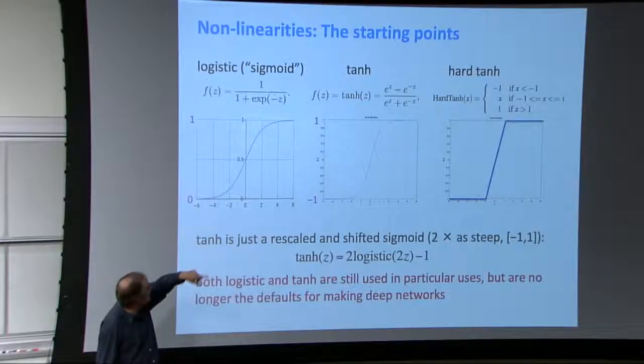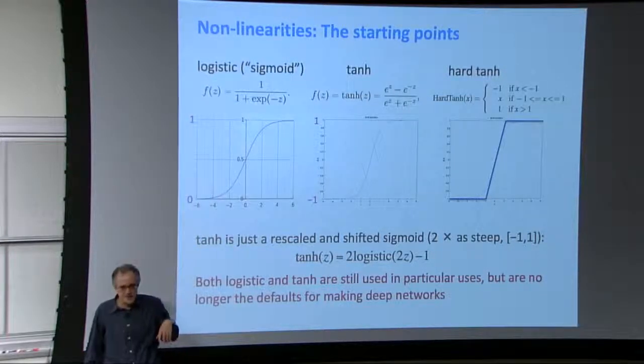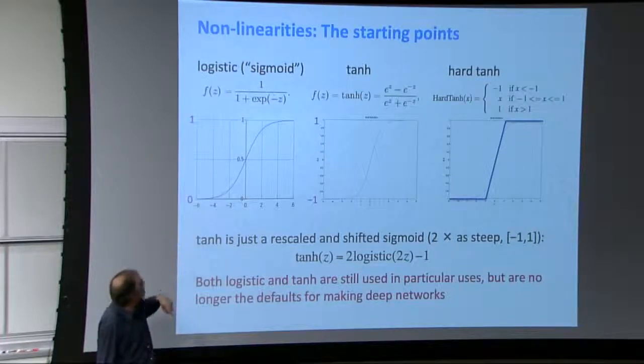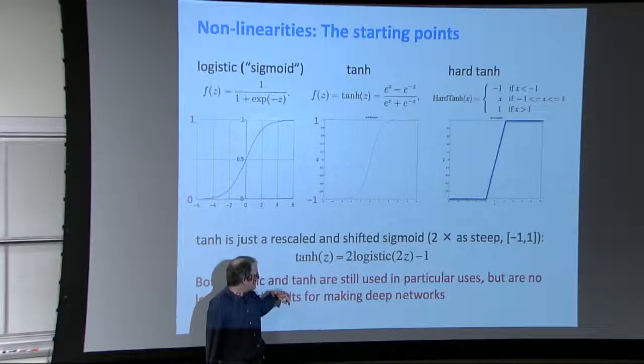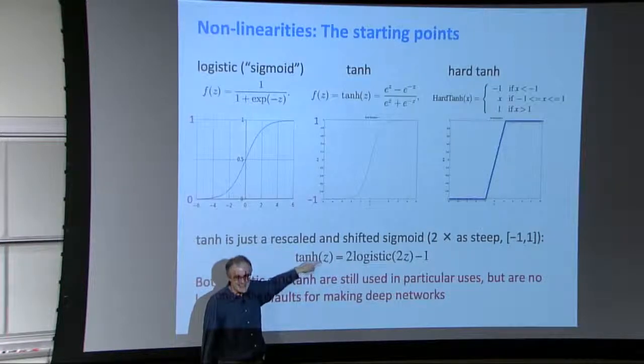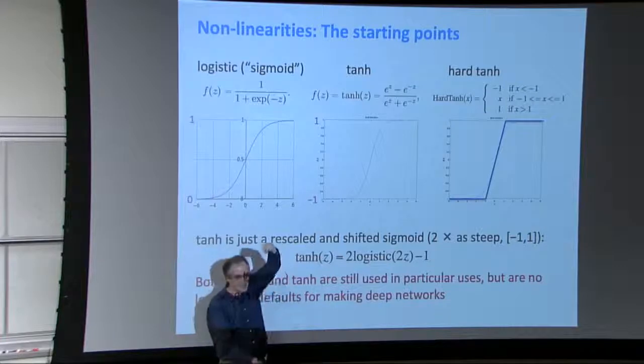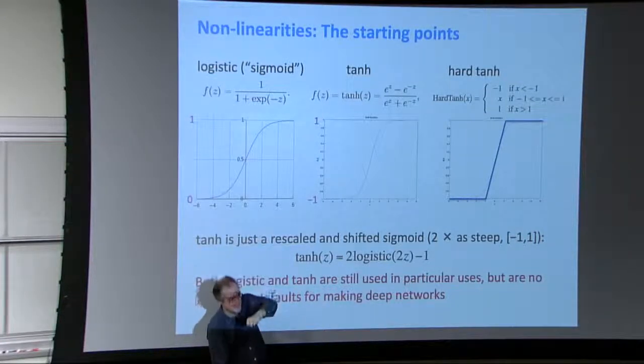Here is the tanh curve. So the formula for tanh looks like a scary thing with lots of exponentials in it, and it doesn't really look much like a logistic curve whatsoever. But if you dig up your math textbook, you can convince yourself that a tanh curve is actually exactly the same as the logistic curve, apart from you multiply it by 2, so it has a range of 2 rather than 1, and you shift it down 1.